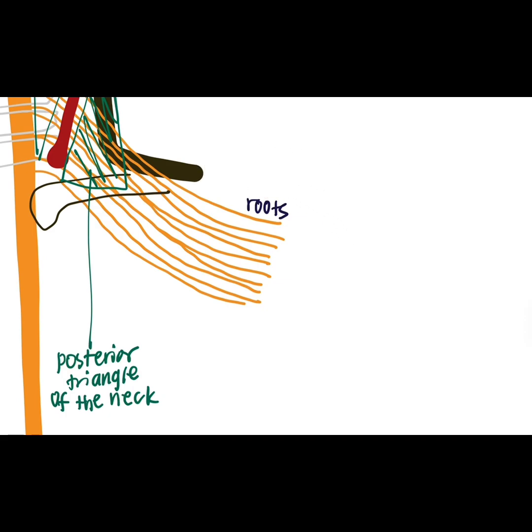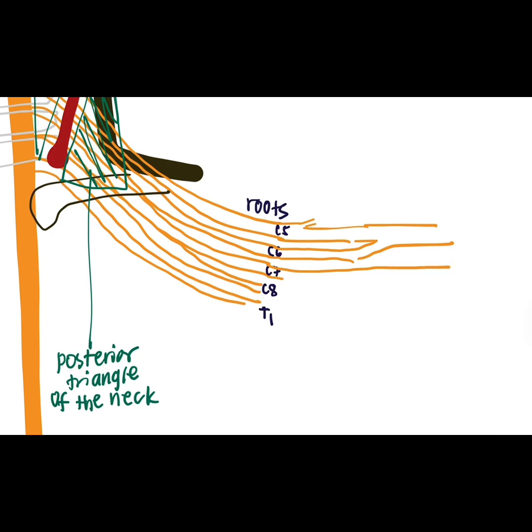Okay, so let's say the C5, C6, C7, C8, and T1 roots. Just imagine that came from the spinal cord. But to illustrate it more easily, I separated it or zoomed it out from the posterior triangle of the neck. So we have here the C5 and C6, and as you can see, they will combine.